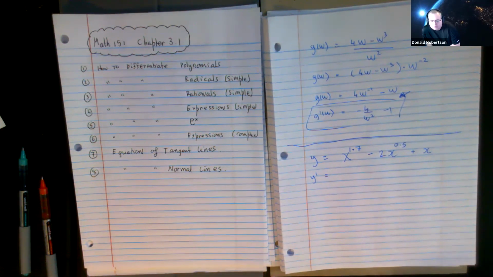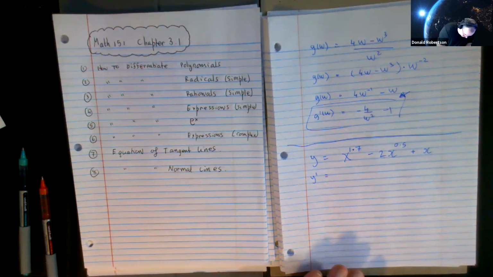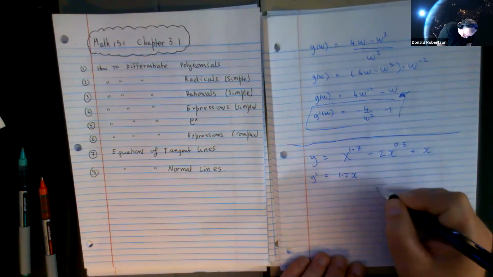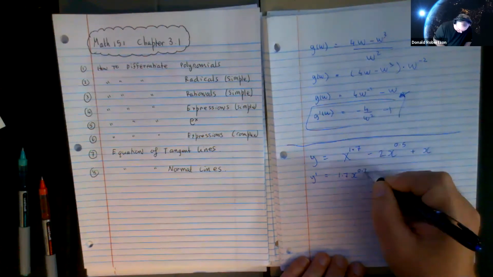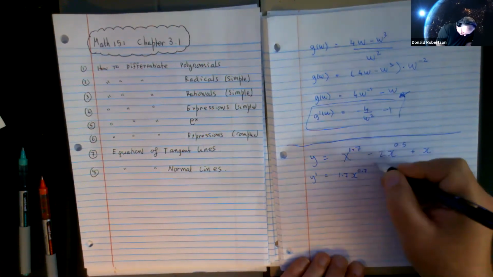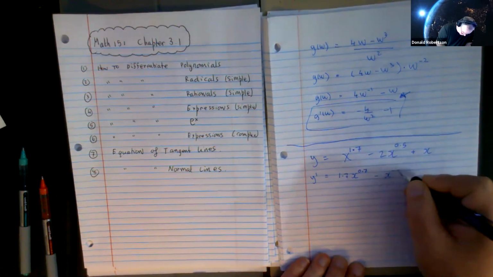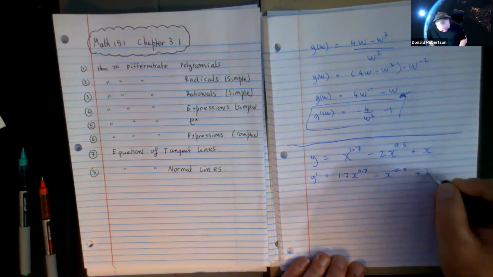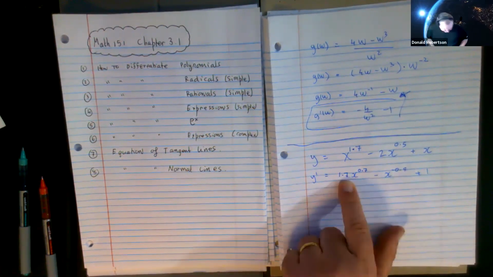They do happen. They happen in some business formulas. I've seen them. So the world here just becomes apply the rule, even when the things look kind of shady. So 1.7, right, multiply by the power, reduce it by 1. Multiply by the power, reduce it by 1. And that guy is finished.